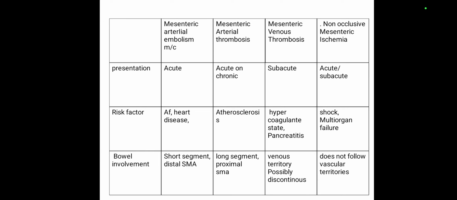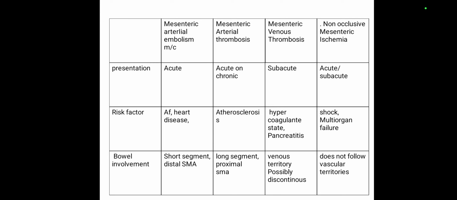At the same time, a patient can present with acute on chronic, especially elderly, in the background of atherosclerosis, then that is thrombotic type. Now venous thrombosis is mostly a subacute presentation in patients who are having hypercoagulable conditions like factor V Leiden mutation, antiphospholipid antibody syndrome, or who are consuming OCP, then pancreatitis, like that.